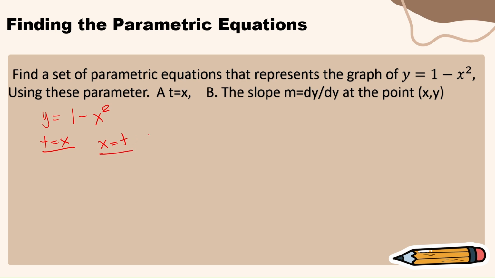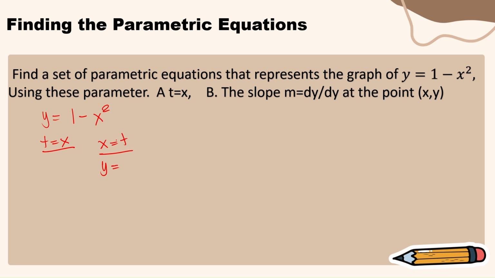So x is equal to t is one of the parametric equations that we are looking for. This is the parametric equation of x in terms of t. So ang unknown na lang is the parametric equation for y that is also in terms of t. So how are we going to get that parametric equation for y?